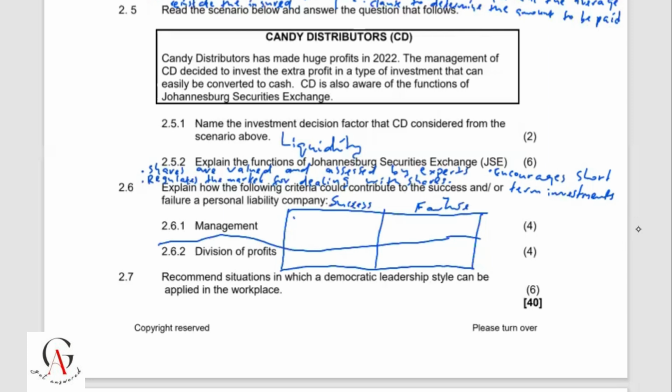Okay, right. So now let's check the management. How management can actually accelerate the success of the business, or how management can actually cause the business not to succeed at all. So now, creators, bear in mind that whenever we talk of success under business studies, we refer to a situation where a business is able to generate a profit.